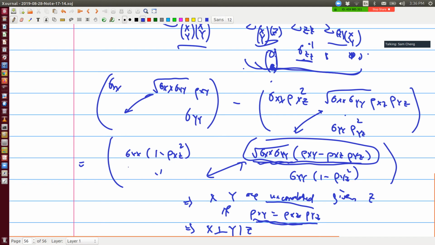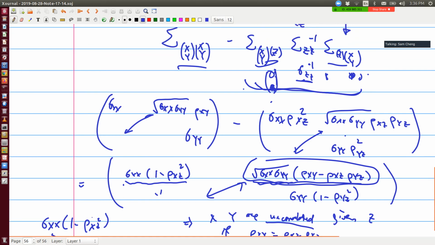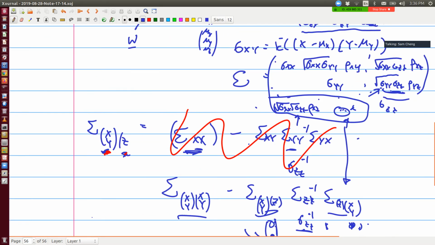Actually, from this proof you can also see what happened to the off-diagonal term. After the observations, your variance will shrink from 1 to 1 minus rho xz squared. But of course, you can just use this equation here.